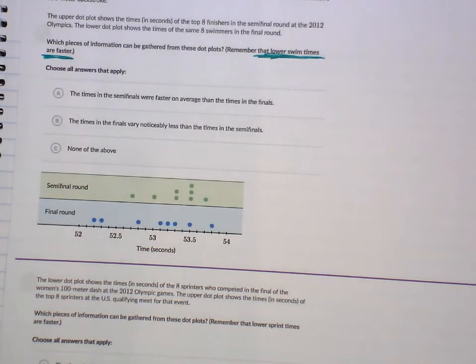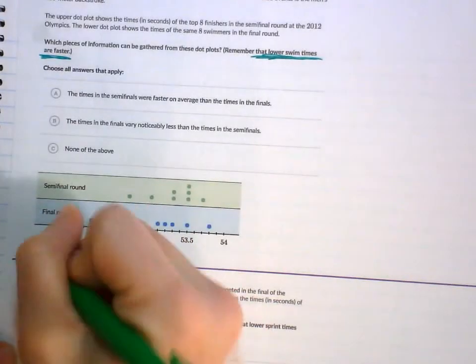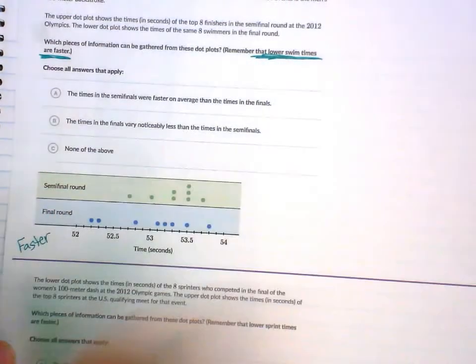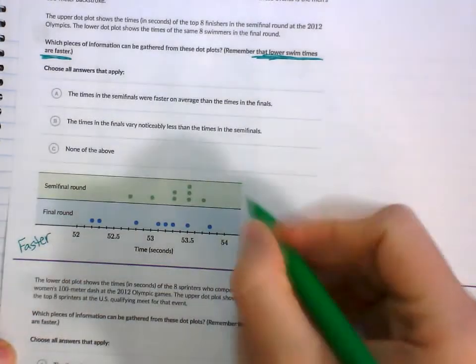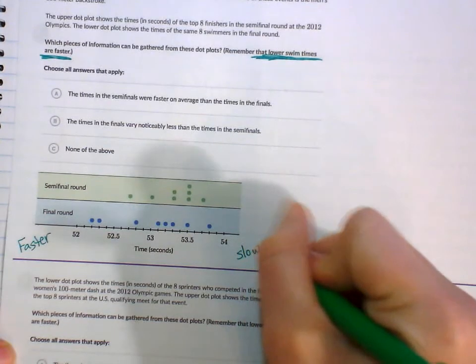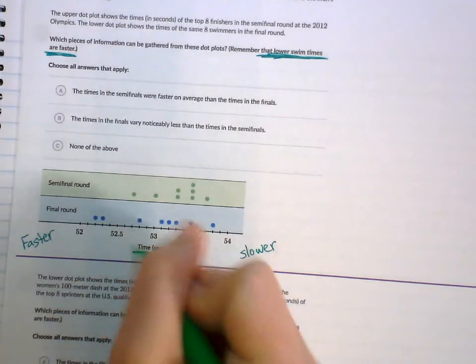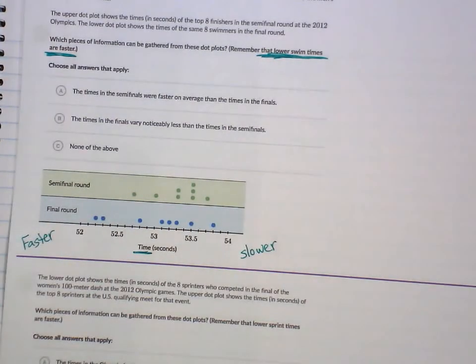Who's faster? Miss Fry. 10 seconds is much faster than 90 seconds. Okay, but 10 is smaller than 90, so you have to remember that. Faster is right here. This is faster for times. Faster is smaller numbers. A 6-minute mile is faster than an 8-minute mile. So I'm going to write those notes there just as a reminder for me. For times, faster is smaller numbers.